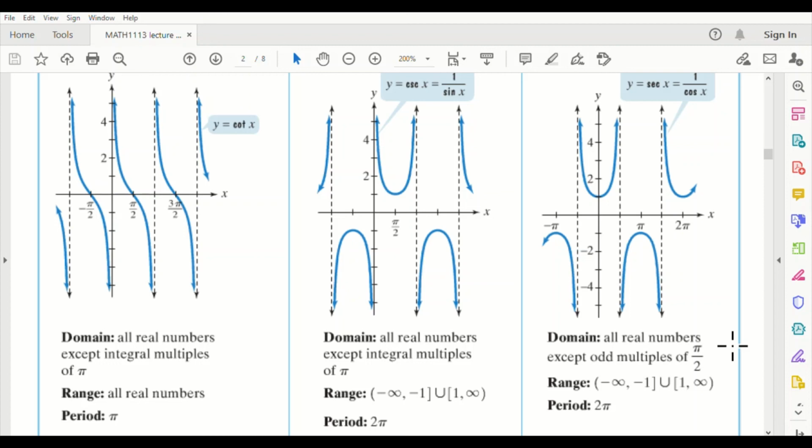Then again, the range of it is from 1 to positive infinity and from negative 1 down to negative infinity, right? And then the period is 2 pi. And that really does sum up section 4.5 now that we've covered different functions as well.